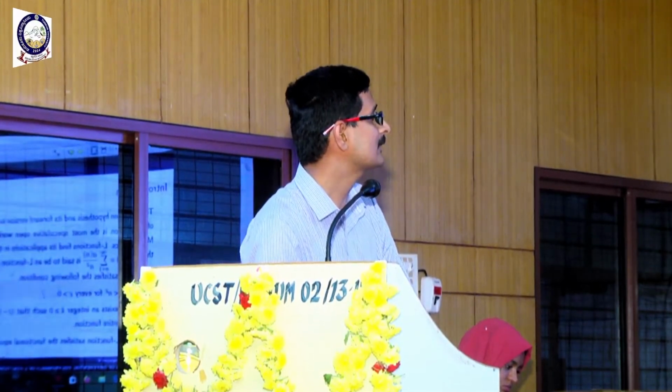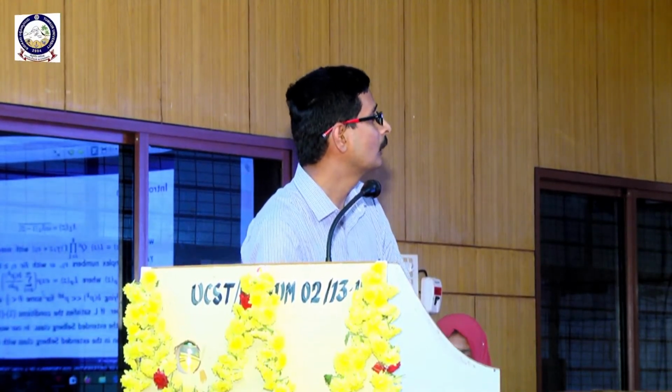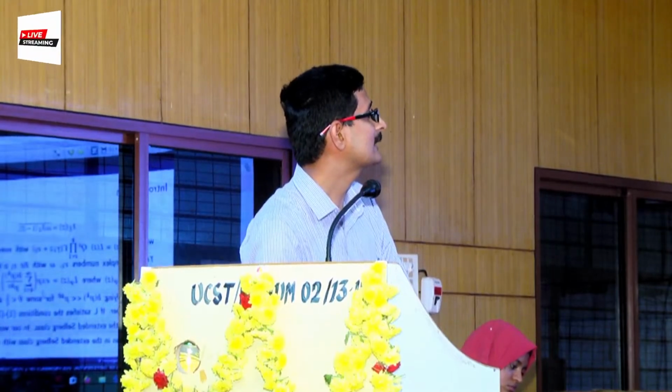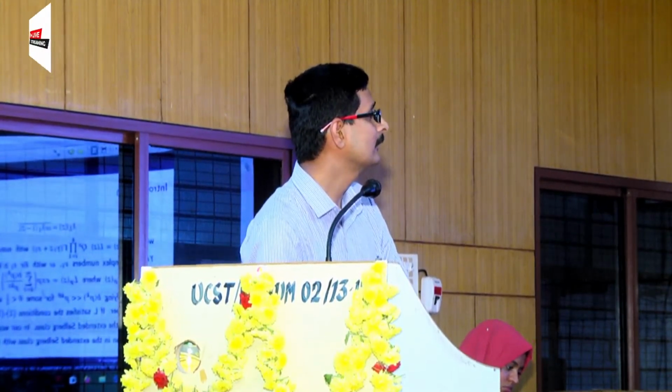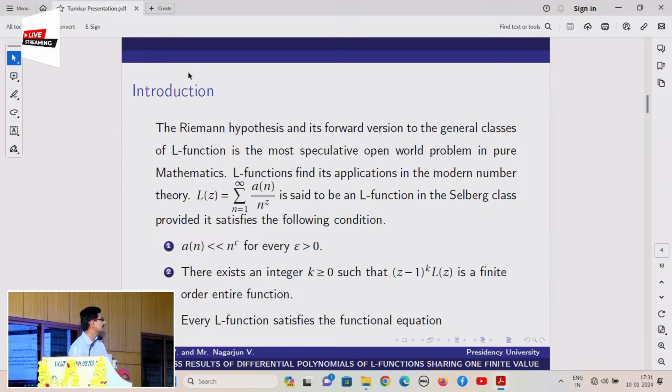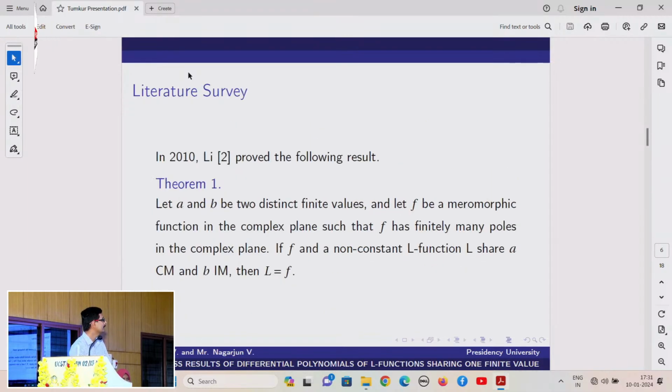Every L function satisfies the functional equation lambda L of z equal to omega times lambda L of 1 minus z bar, where lambda L is equal to L of z times q of z plus finitely many poles in the complex plane. If f and a non-constant L function L share a CM and b CM, then L is equal to f.